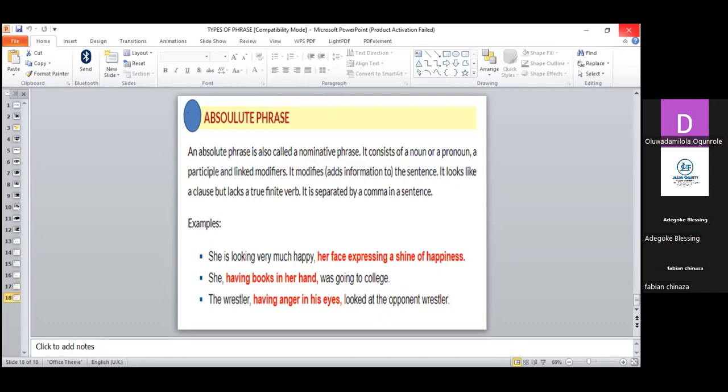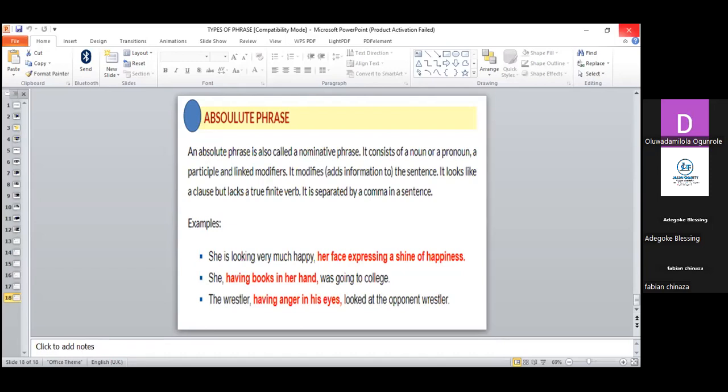It consists of a noun or a pronoun, a participle or participle phrase, and linked modifiers. It modifies or adds addition to the sentence. Now, it looks like a clause, but lacks a true finite verb. It is separated by a comma in the sentence.